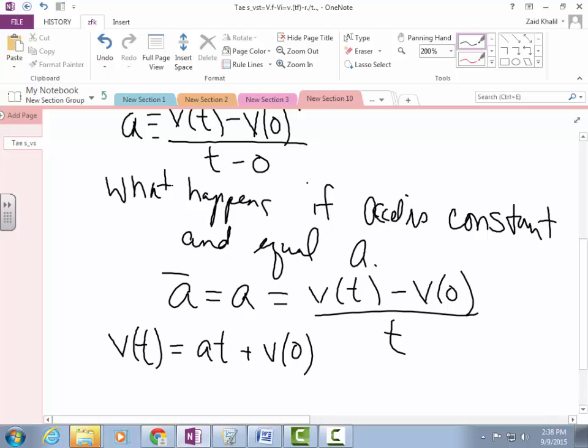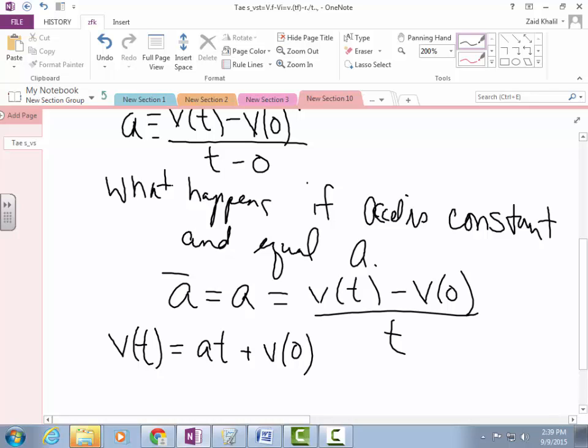A tangent is a line that touches a curve at a point. So when I say that the instantaneous velocity is a line tangent to a position time graph at a point, that means that at that point, this thing has a velocity equal to the slope of that line. And this should make sense.